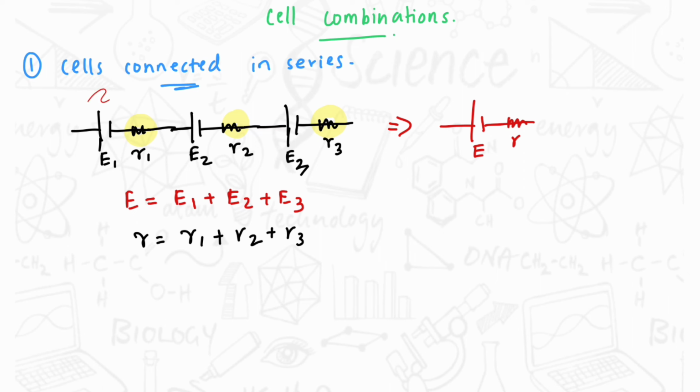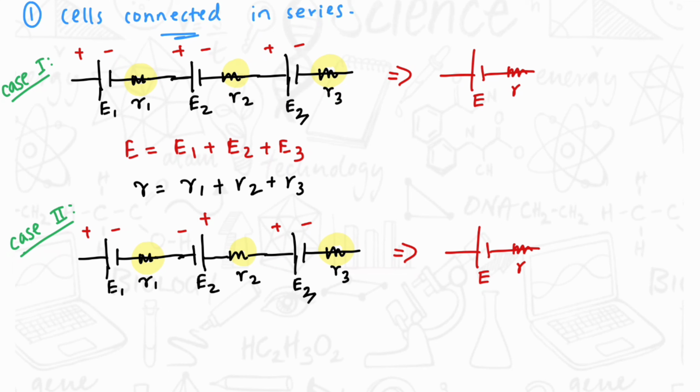Here note that the cathode is connected to the anode in each case. Here in case 2, note that the terminals of this E2 cell are inversed.